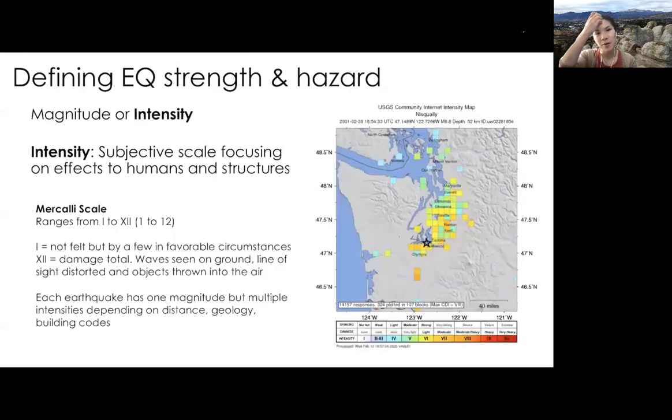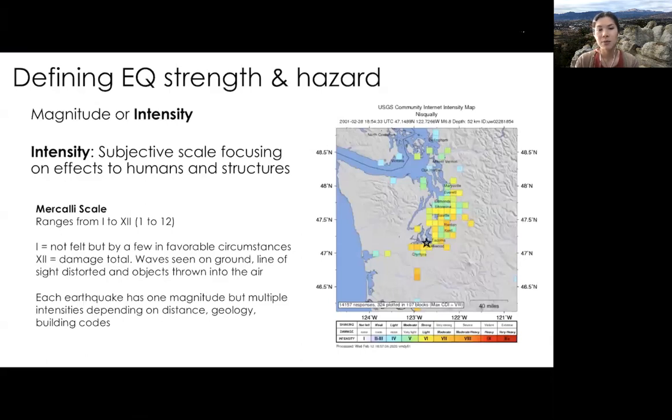So this is also called the Mercalli scale, and it's going to use Roman numerals ranging from 1 to 12, where 1 is not felt except by a few people, and 12 is just completely total damage. You can see the earth actually forming waves on the ground surface. Your line of sight is distorted and objects are thrown in the air.